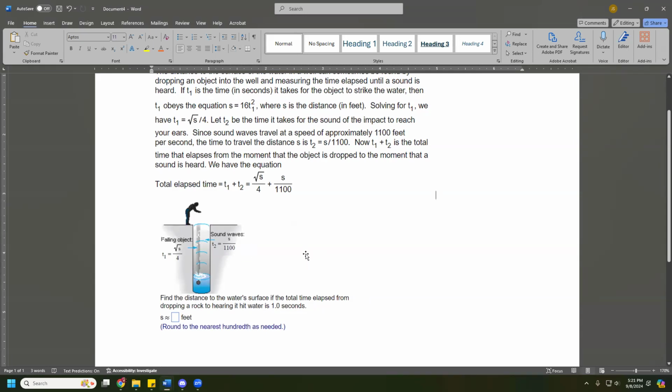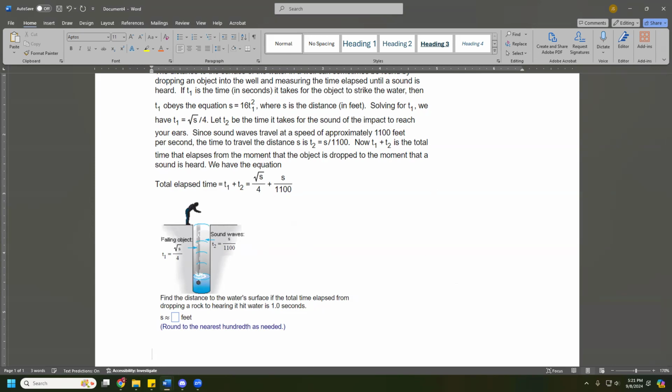So in total, from the time you let go of the rock and drop it down, to the time that you hear when the rock basically landed, that total time is given by T1 plus T2, but we don't really want two variables, so it would be better to write it as one equation.